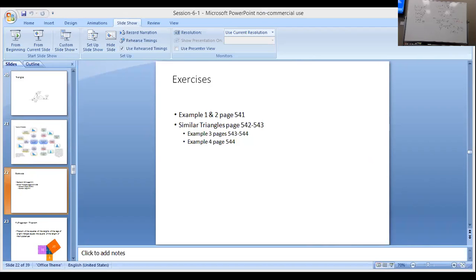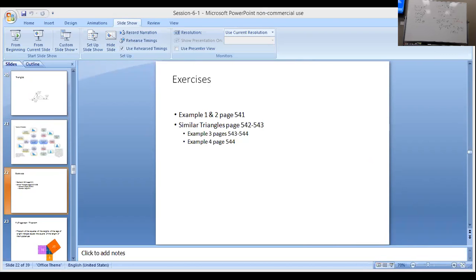We know again that these two can form similar triangles because they have one angle in common, and they both have a right angle. So the third one must be the same. Therefore, they are similar triangles.